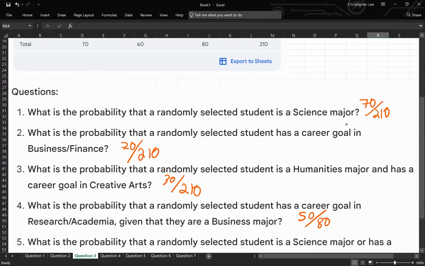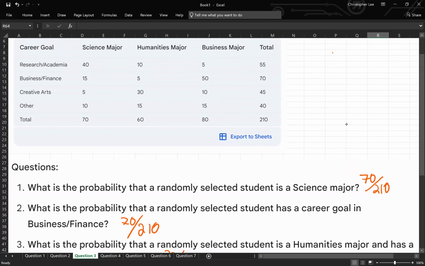This is good, right? So just to recap how we did that, out of all the business majors, 80 of them, how many of them want to do research and academia? 50. So 50 over 80. That's how we do that. All right? That's our given statement.